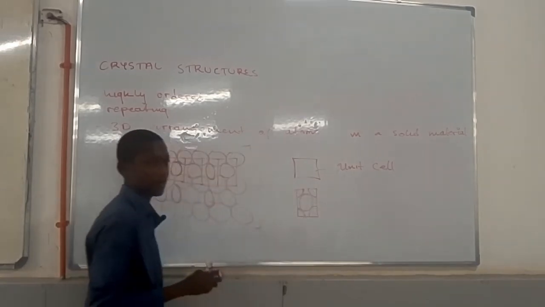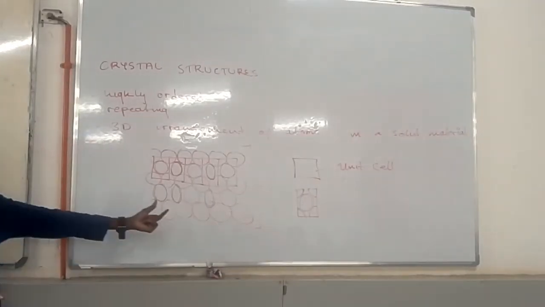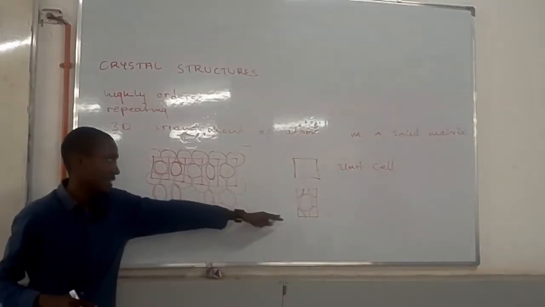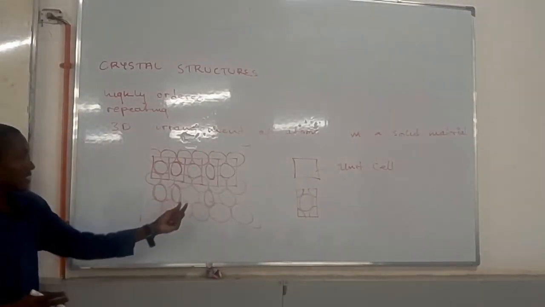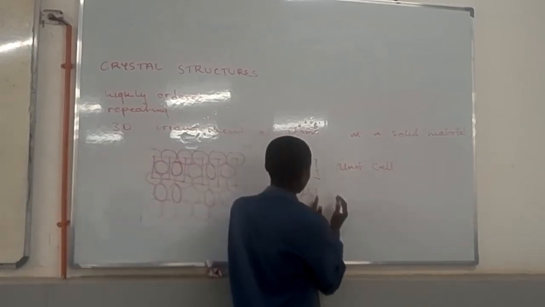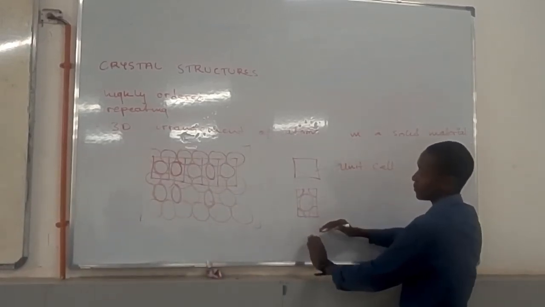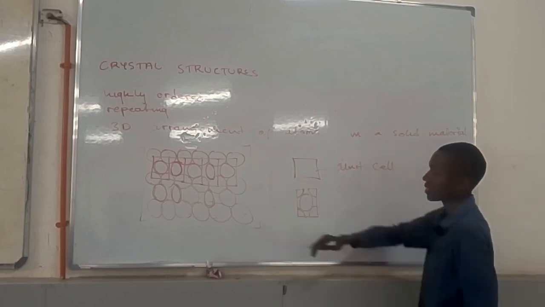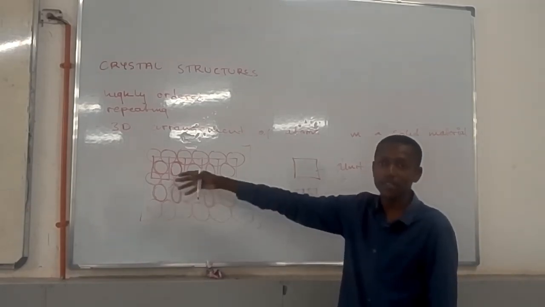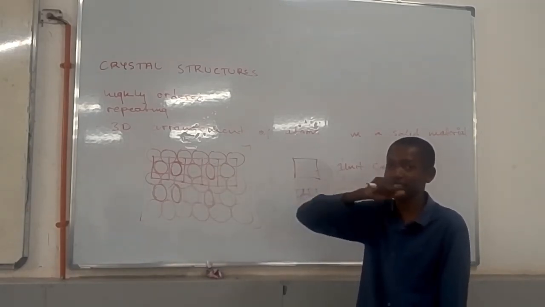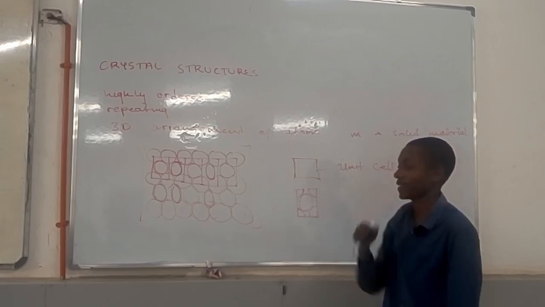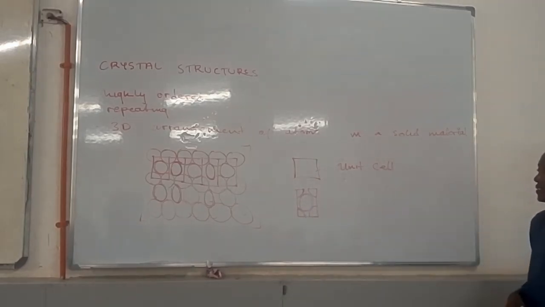And when I get that, I repeat it, again and again, even down here. What I'm getting is this. I don't know if you guys can see that. Okay. So that's the unit cell.